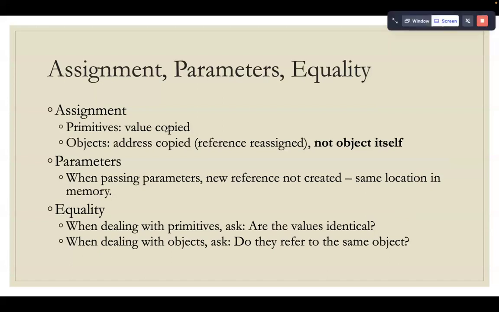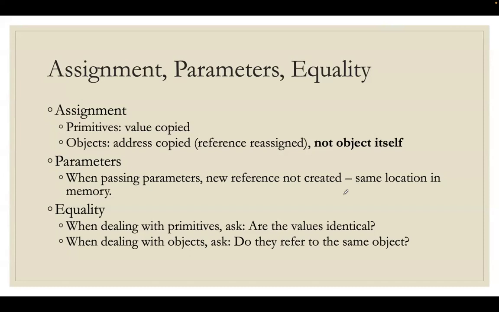So this is a summary of what happens. When we're doing assignments and you're working with primitive variables, the value itself is copied. If you're working with 2 ints, x and y, and you assign x equals y, the value is copied. For objects, the address is copied and not the object itself, not the actual data. For parameters, if you pass parameters, a new reference isn't created.